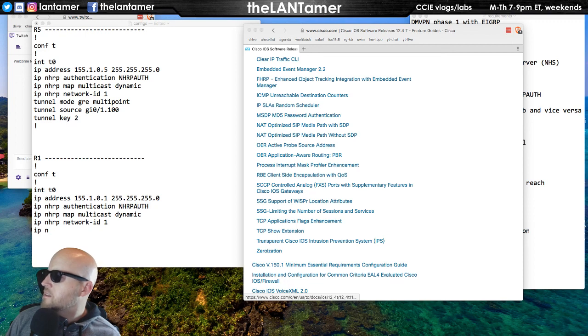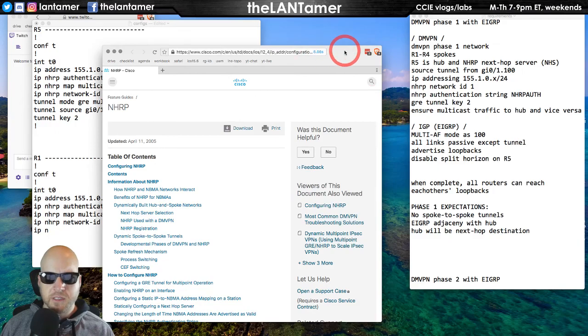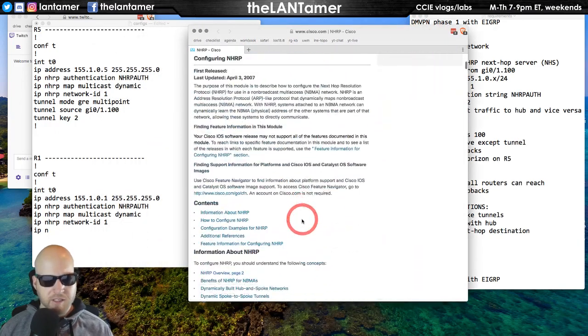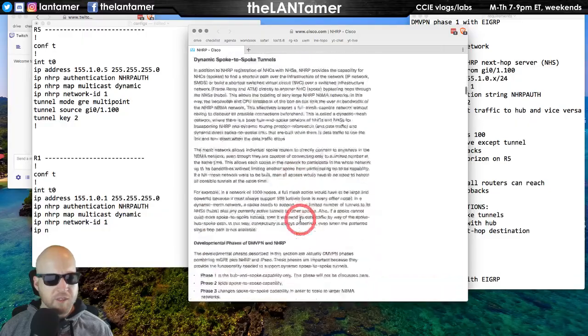NHRP feature guide. Where did I go wrong? Oh, that is in 12.4 mainline. Okay, not 12.4T. All right. Okay, so here are some configuration examples, I believe.